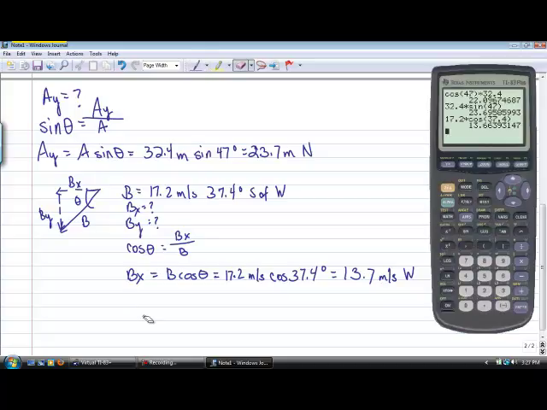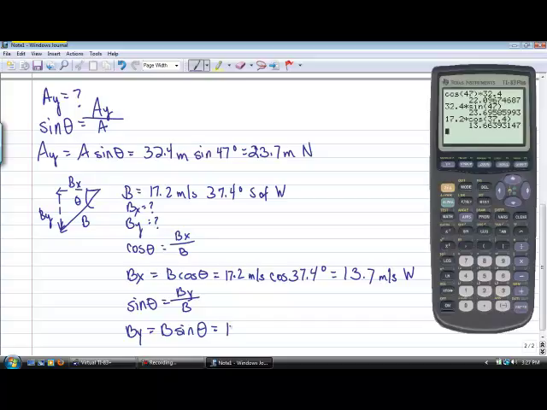B sub y then centers around the sine of the angle, because it would be opposite my angle. So this time I would say sine of theta equals B sub y over B. So if I solve for B sub y, B sine theta, I feel like I'm playing bingo.